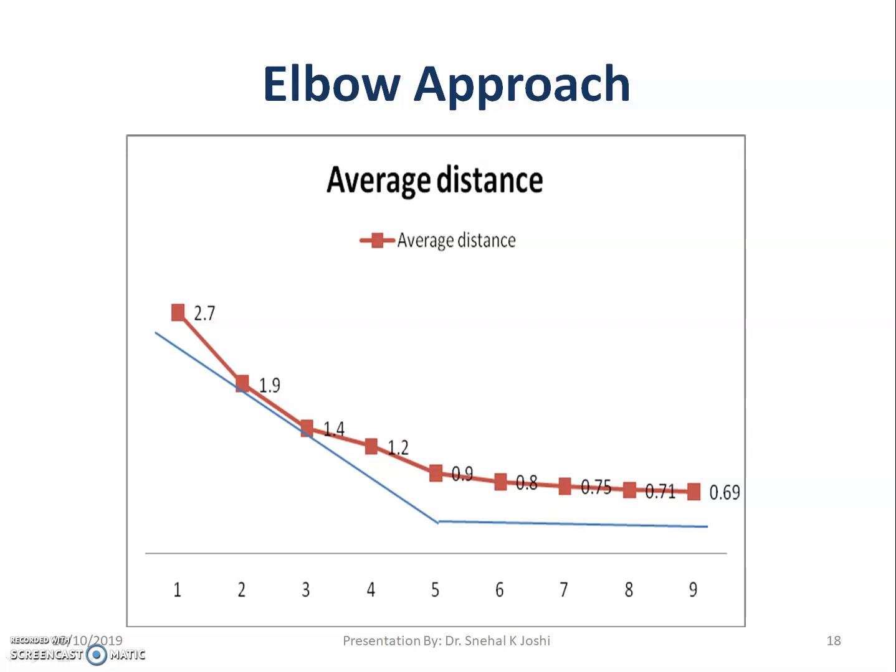This is the elbow effect. Till k equal to 5, we can see a steady decrease in the error, but after k equal to 5, when we increase the value of k, there is no significant change in the average error. Hence, we can select k equal to 5 for this problem and form 5 clusters.